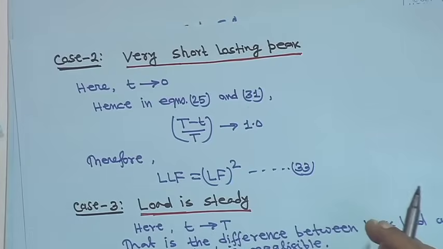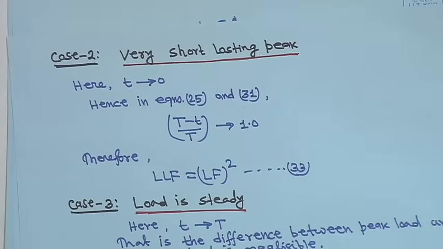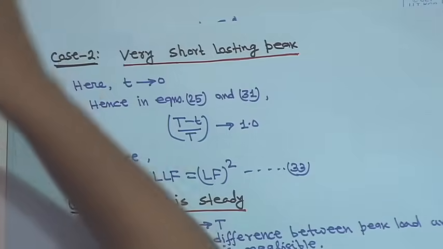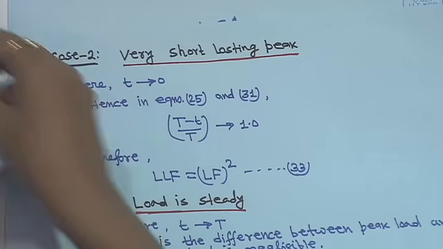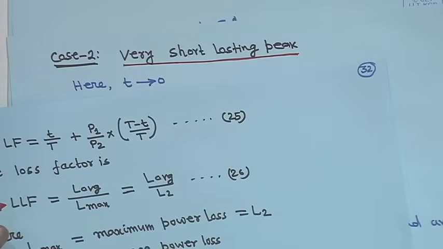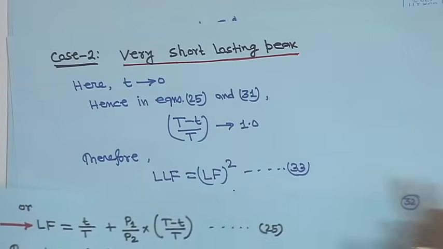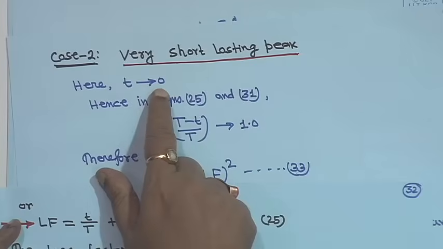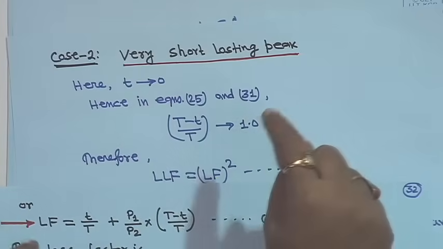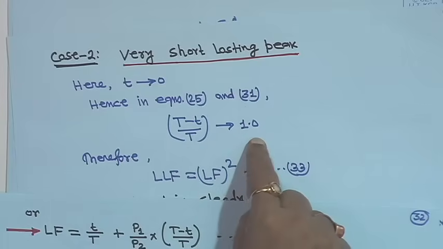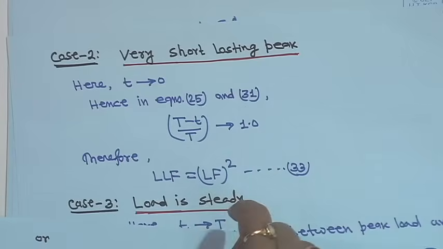Therefore, if you look at equation 25, with very short lasting peak, that means small t tends to 0. Hence, in equation 25, capital T minus small t divided by capital T tends to 1.